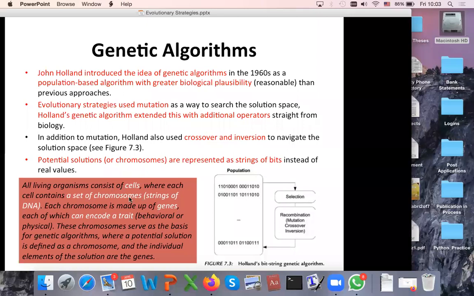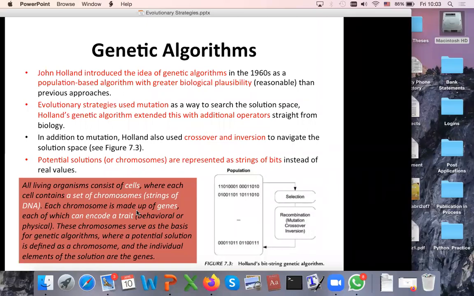We have cells in our body, then a set of chromosomes in those cells, and each chromosome is made up of genes. And what are genes? Genes simply encode the physical and the mental or behavioral traits of us.